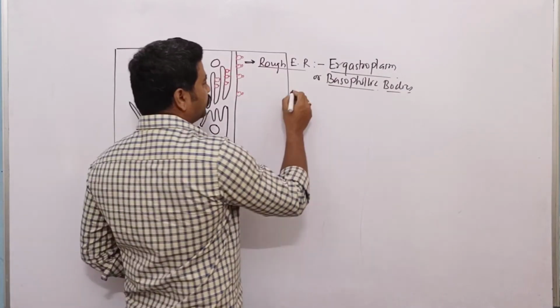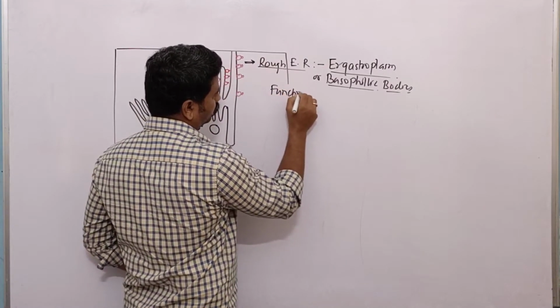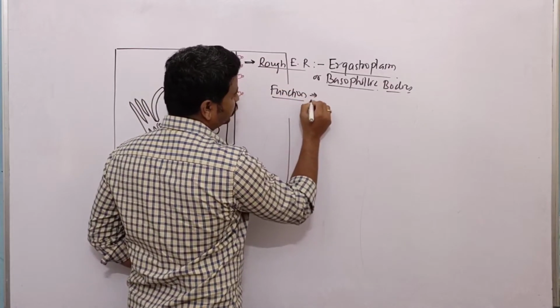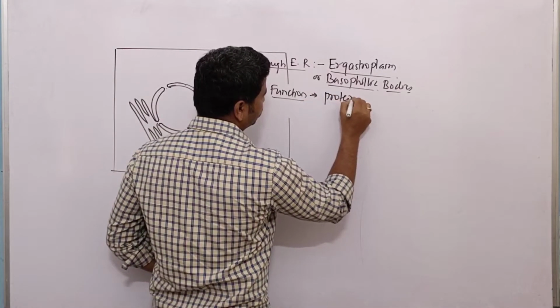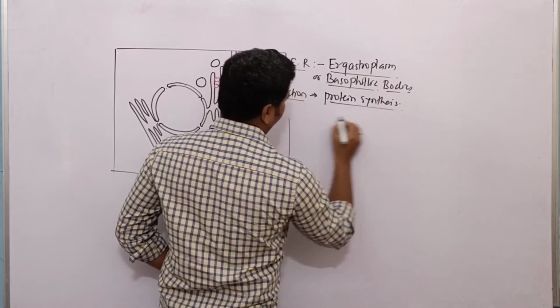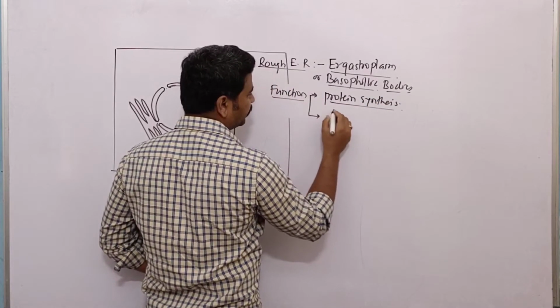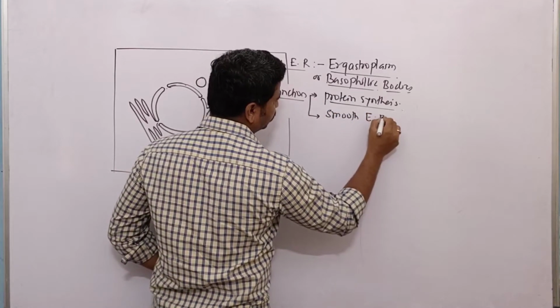The main function of rough endoplasmic reticulum, due to association with ribosomes, is protein synthesis. And secondly, it helps in the formation of smooth endoplasmic reticulum.